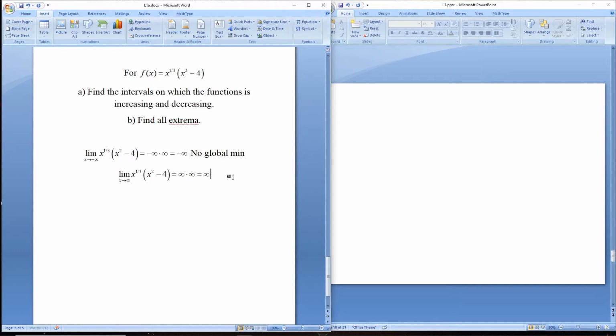And what does positive infinity tell us? Positive infinity tells us there's no global max. It continues forever into the negative numbers, and it continues forever into the positive numbers. So there's no global extrema, and that's from the endpoints.